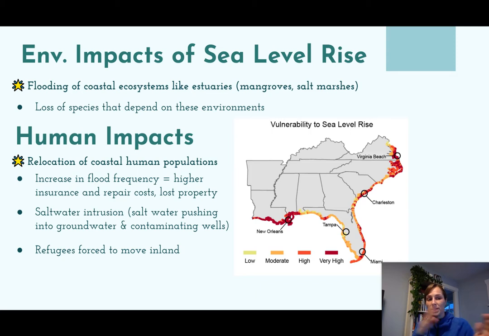Now we're going to have refugees, which are just people who are forced to relocate. We're going to have refugees who are forced to move inland. We're talking just here in the United States as an example, but think about all of our island populations throughout the world. Think of all the other countries that have areas bordering the ocean.